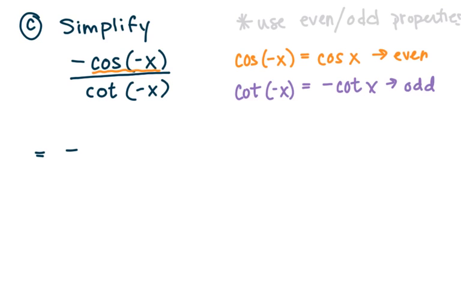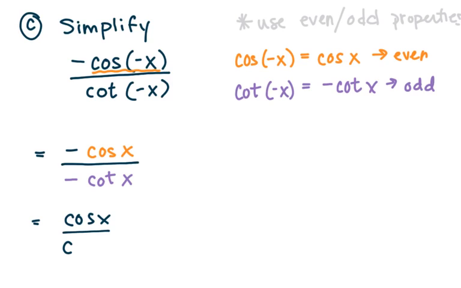So I've still got that negative in front, but we know that cosine of negative x is equal to just cosine of x, divided by cotangent of negative x, which is negative cotangent x. Now, negative over negative, that is a positive, so I'm going to rewrite that here.